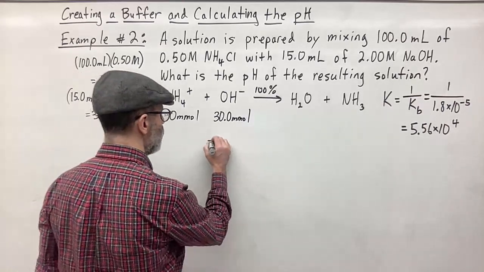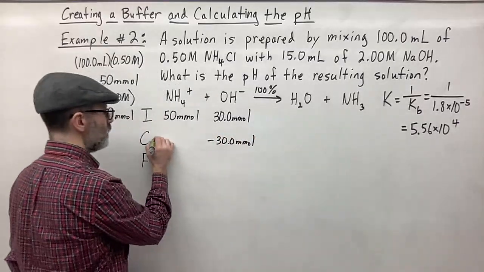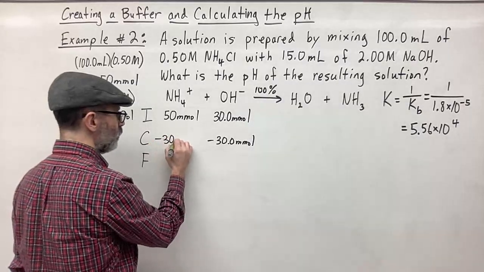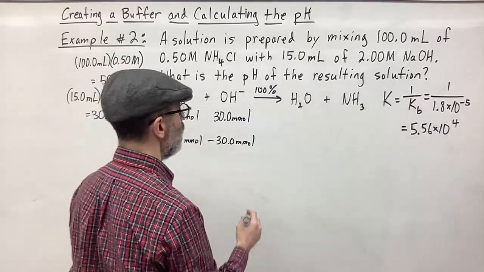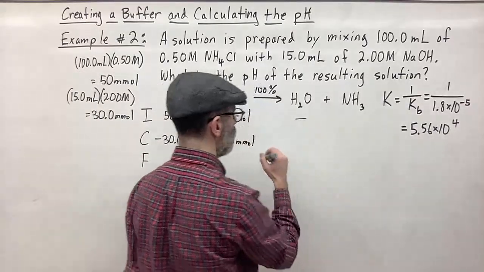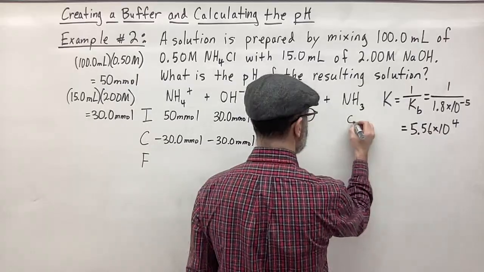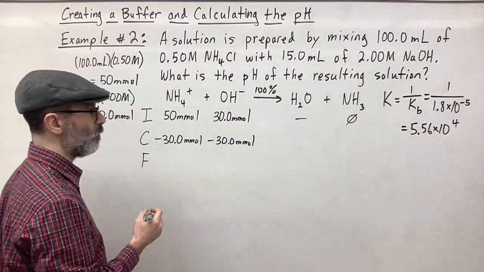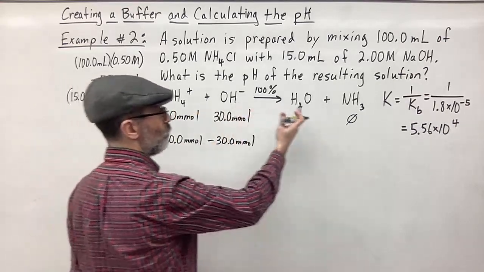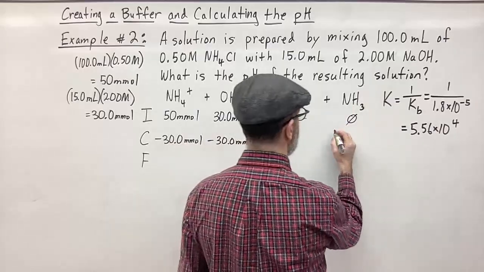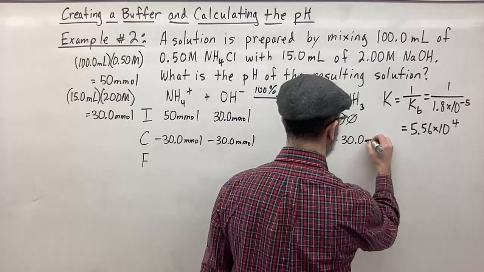So the change here is we're going to lose all 30 millimoles. And then we're going to react 30 here as well. So we're going to lose 30 millimoles here, right? Here we start, we don't care about water, right? Water is not important for us. And then we have 0 amount here of the ammonia. So if we lose 30 millimoles here and it's a 1-to-1 ratio, then that means we're going to gain 30 millimoles here.